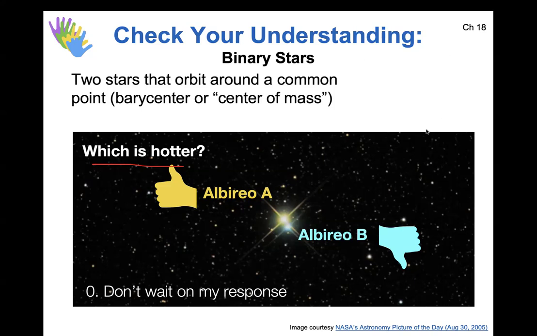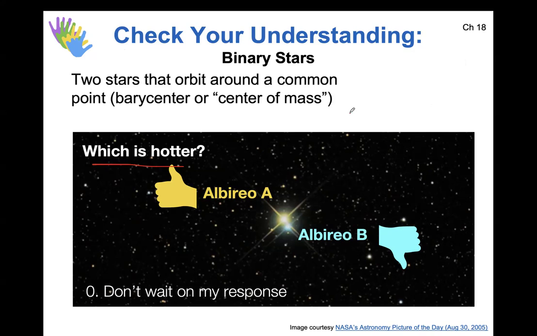Okay. Angelina says B. All right, Laura agrees. Okay. All right, so my guess is that you were thinking the color, right? You said, oh, it's got to be the blue one.